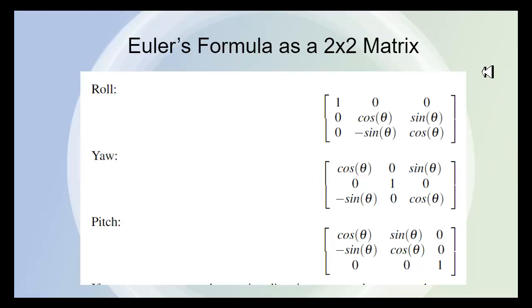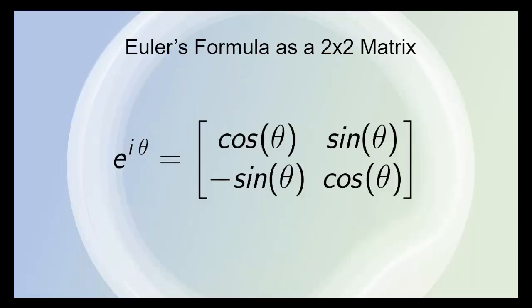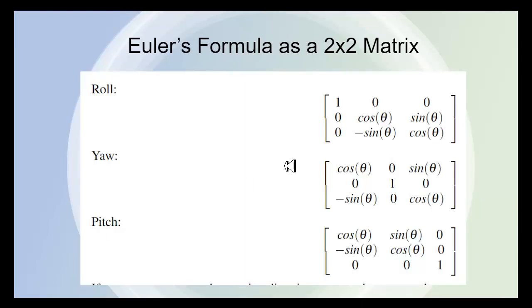Or if you have a 4x4 matrix, you can do rotations and translations. But this is the rotation matrix, the 3x3 rotation component of a 4x4 matrix. And when you place this formalism in various parts of the matrix, then you can get rotations about different axes.